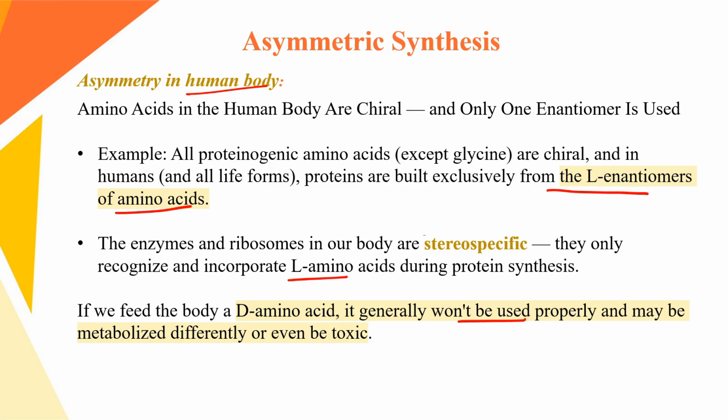Like in our body, as I already discussed, enzymes and ribosomes are present, and they are chiral. They actually prefer one enantiomer over another. So from there scientists elucidated that maybe a chiral influence is required to form asymmetric synthesis.